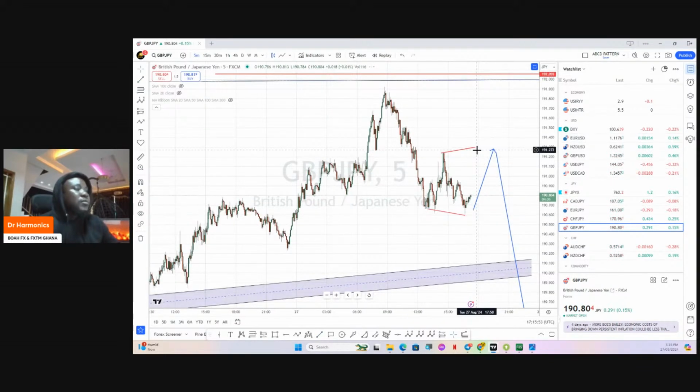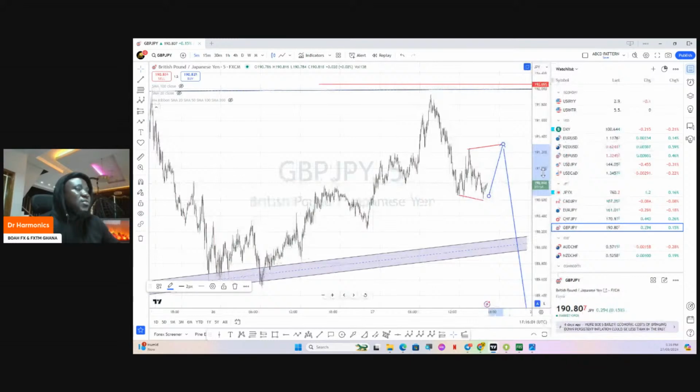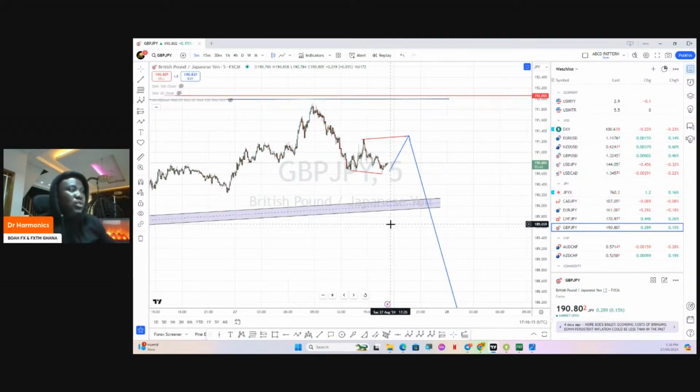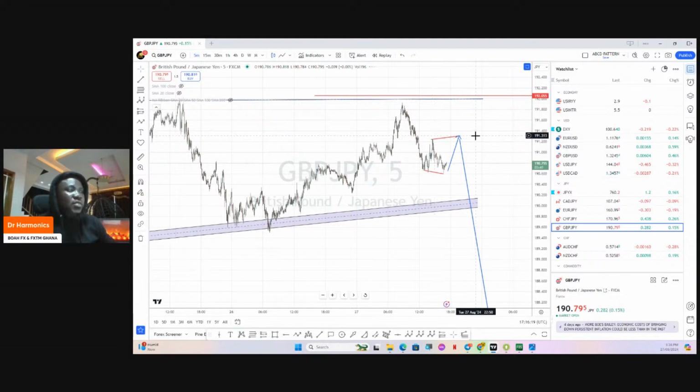Once I get something like this, I'll then sell to the downside. So that's what I'm planning to do. I want to be patient, see some retracement, then I hit the trigger down.